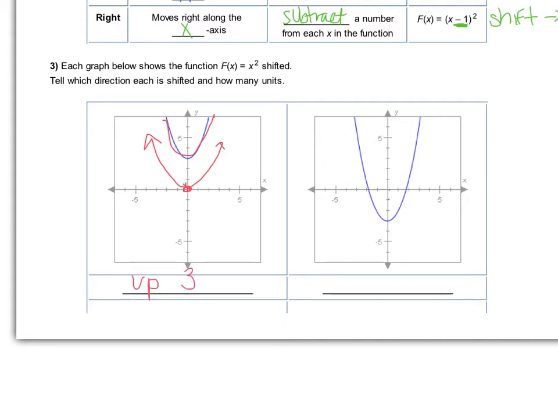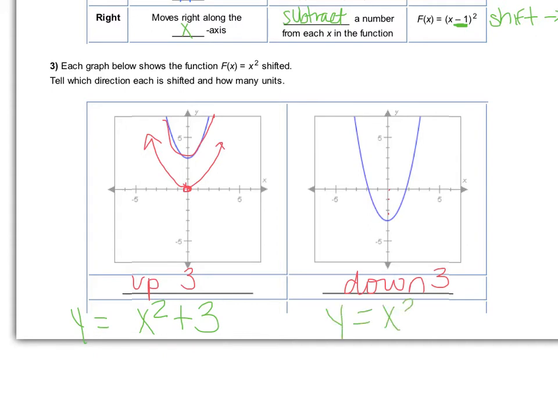The next one has been shifted down 3. I know it doesn't ask you to do this, but we're going to go ahead and write these equations. If I wanted to shift x squared up 3 units, all I have to do is add 3 to it.